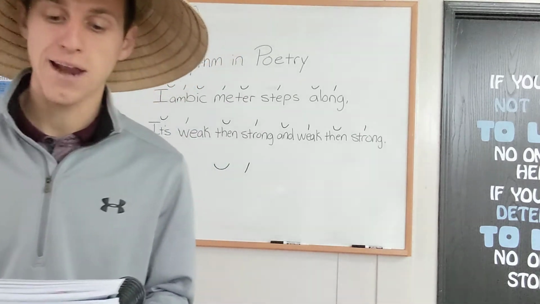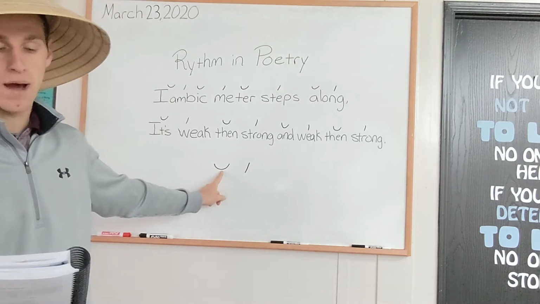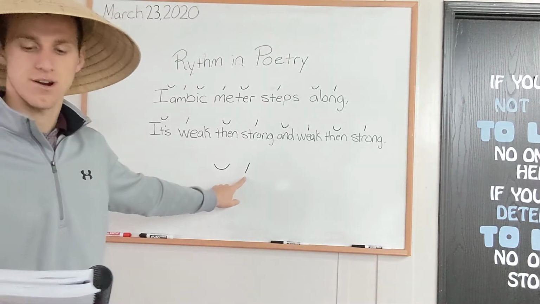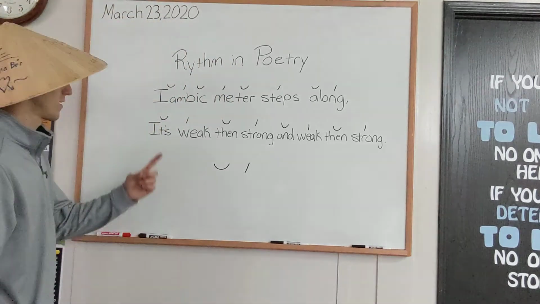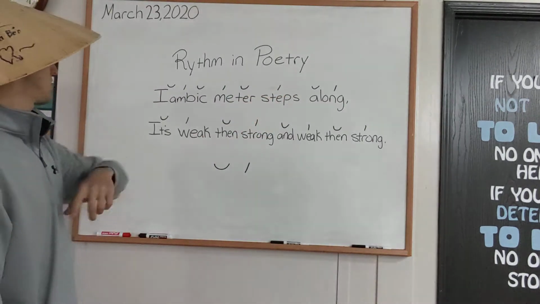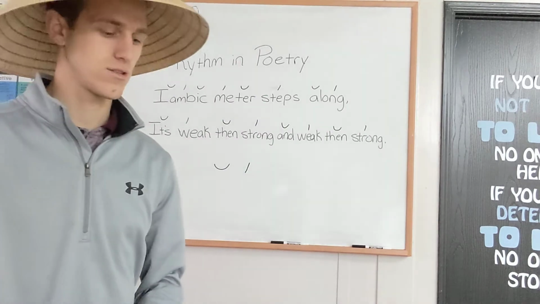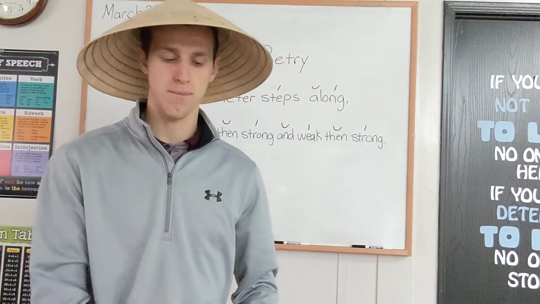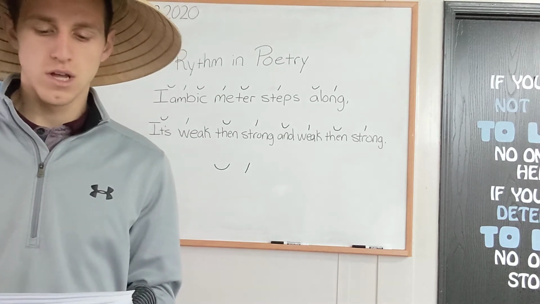It is a rhythm pattern of one unaccented followed by one accented, all right? And we have that poem that we learned in our reading that can help us remember this, right? Iambic meter steps along, it's weak then strong and weak then strong, all right? So that's our poem that can help us remember what iambic meter is.